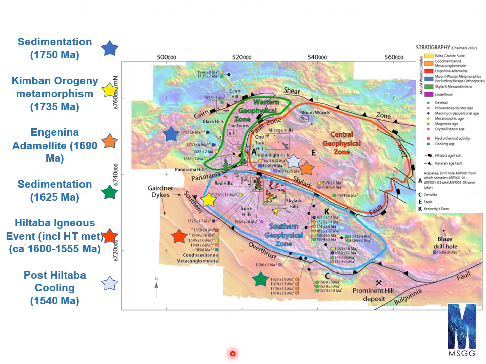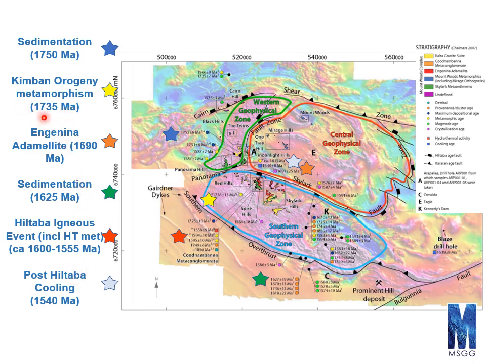So I'm going to give you the summary of the additional information that's also supplied in this analysis to come up with the final interpretation, and that is the geochronological constraints.